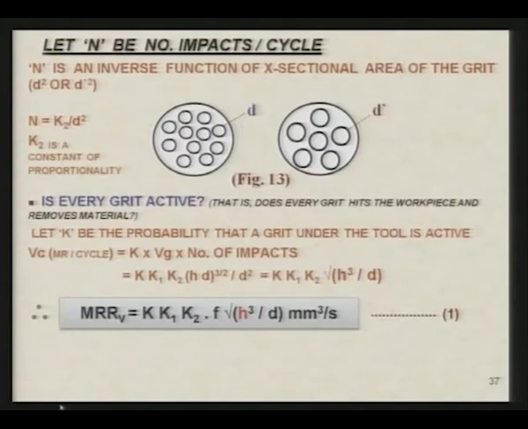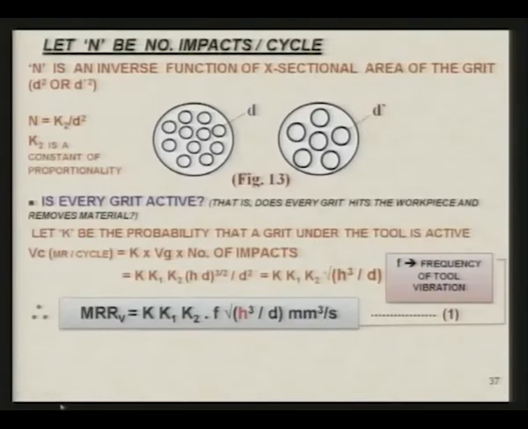Now, here we can see it is multiplied by F, where F is the frequency of vibration of the tool, and you can determine K, K1, K2 from the experimental results. F is already known, that is the frequency of vibration, and d is the diameter of the grit, which is also known, but we do not know the depth of penetration H. The question arises how to know the depth of penetration.